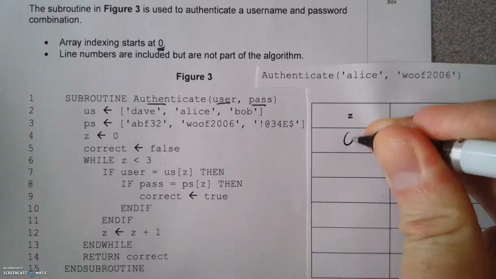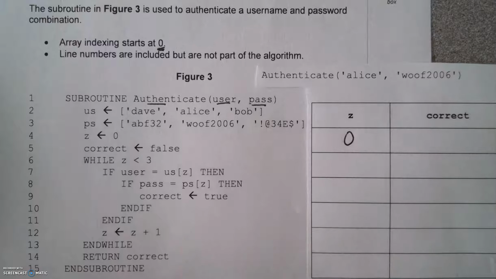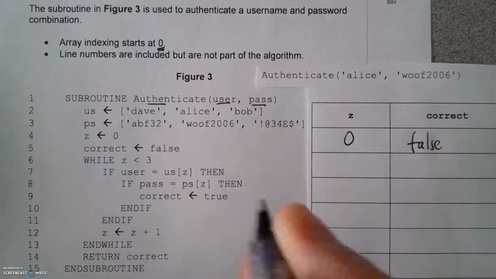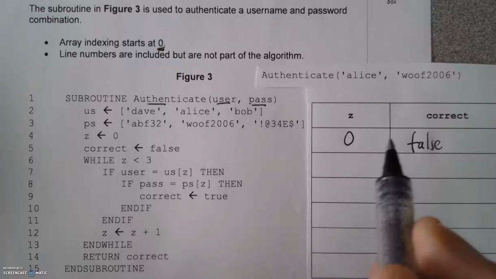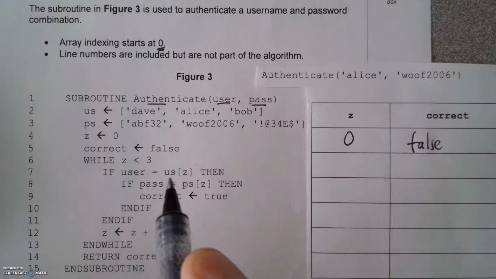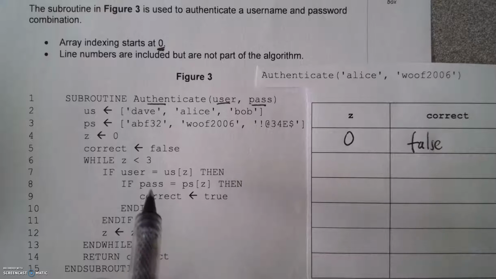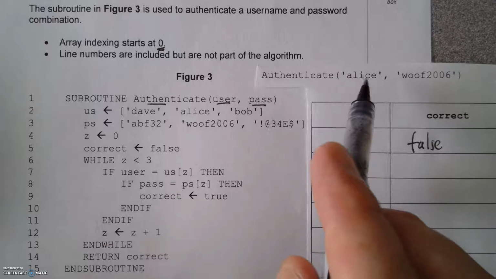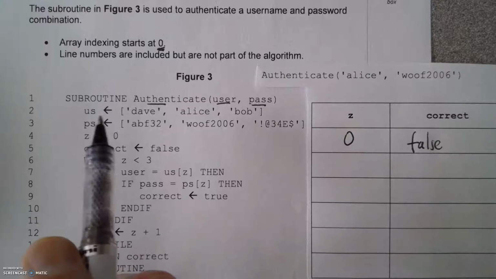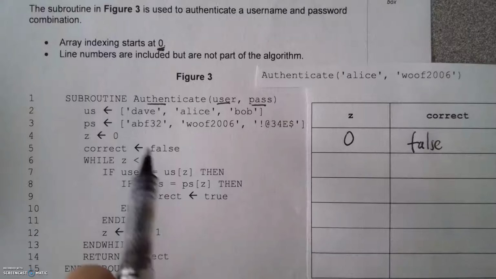So that's the first thing I write, z equals 0. Now, line 5, correct equals false. So write that down there. Fill that in. While z is less than 3, yes it is. If user equals US[z], then my user, which I'm passed in, is Alice. US is the array here, z is 0.